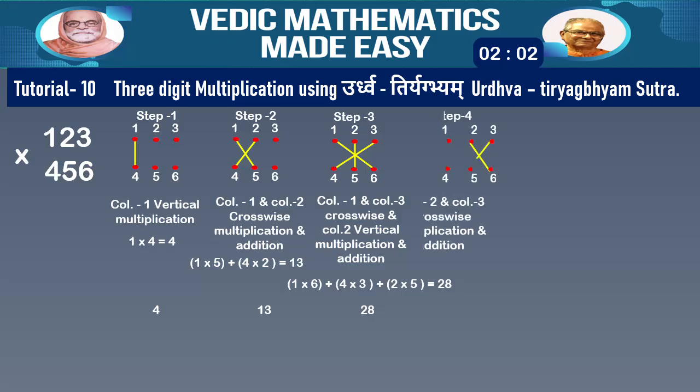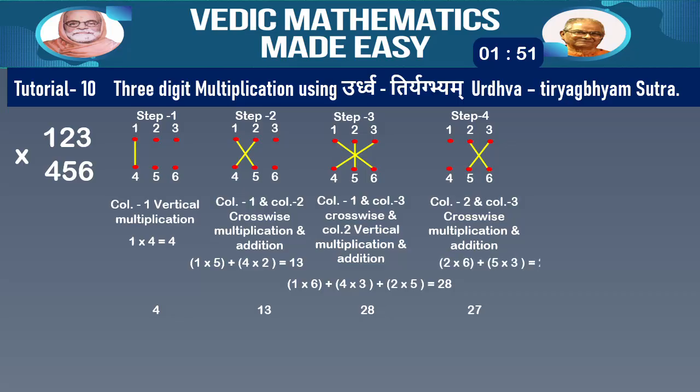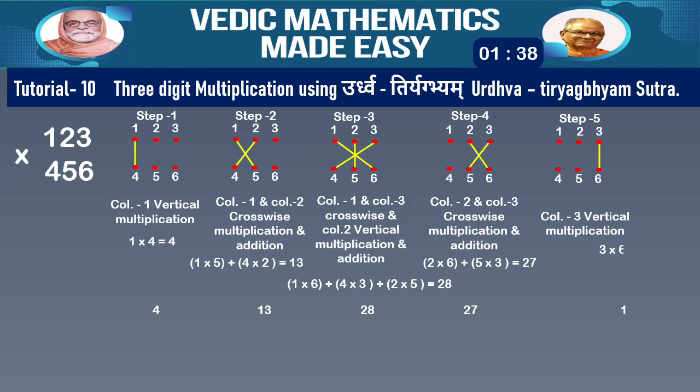Step 4 is column 2 and column 3 crosswise multiplication and addition. It gives 2 into 6 plus 5 into 3 is equal to 27. And step 5 is column 3 vertical multiplication. It gives 3 into 6 is equal to 18.